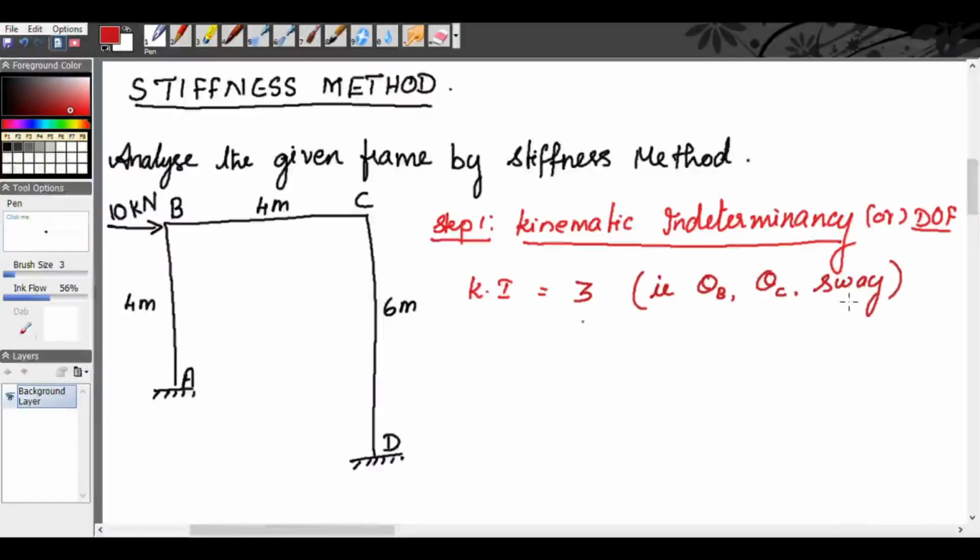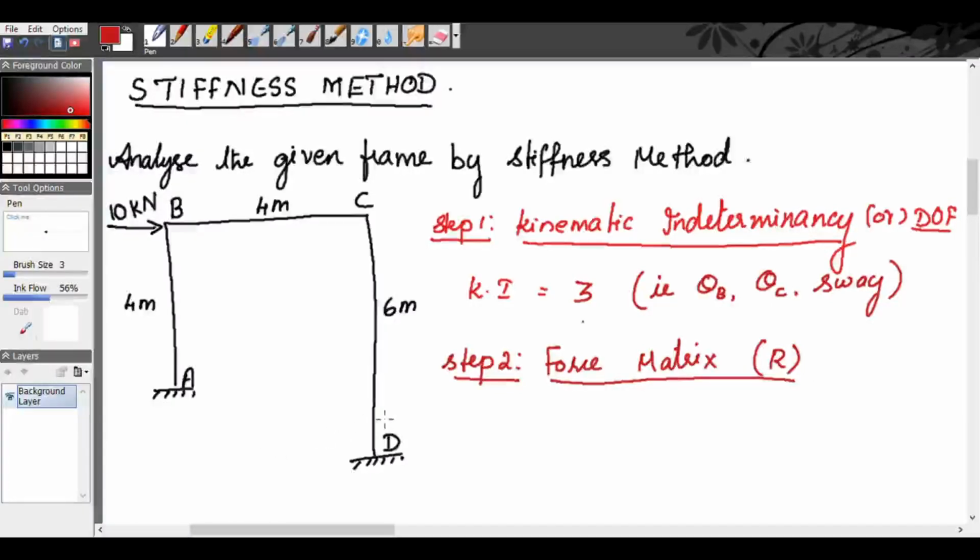Now, step 2. We shall move on to step 2. As we all know, step 2 is determining the force matrix. The force matrix will be represented by capital R. What are the forces responsible for these independent displacements?